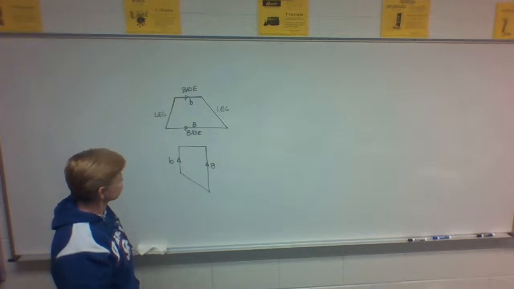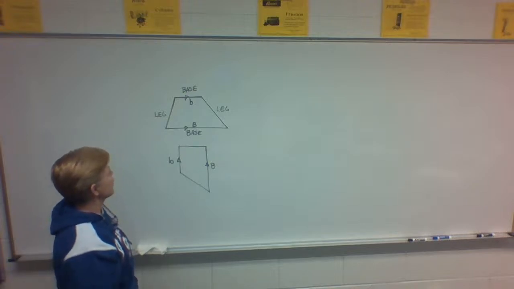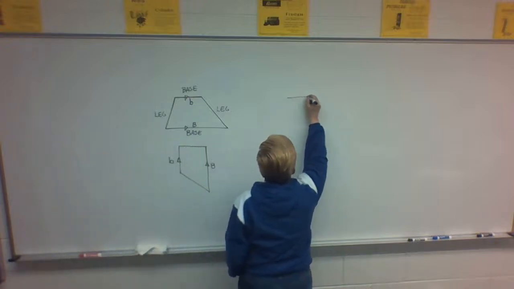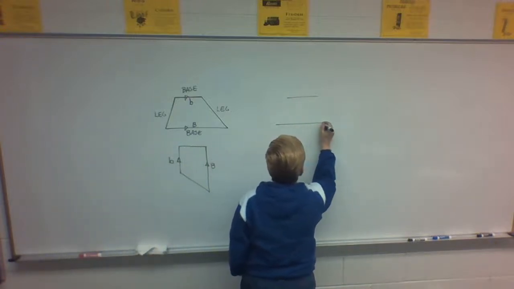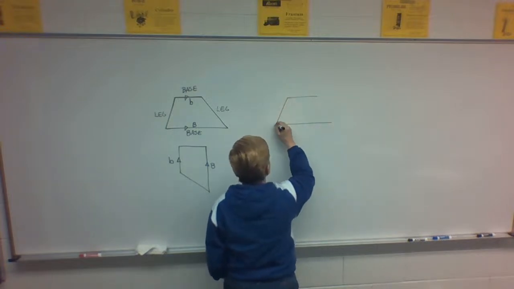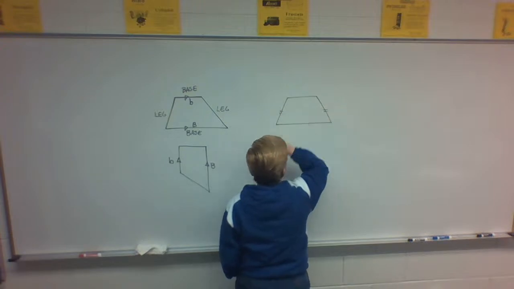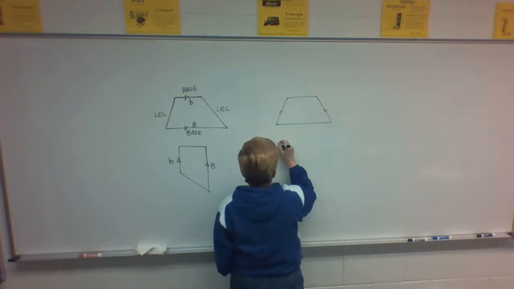Now, if you happen to have a trapezoid where the legs are the same length, then you have an isosceles trapezoid.